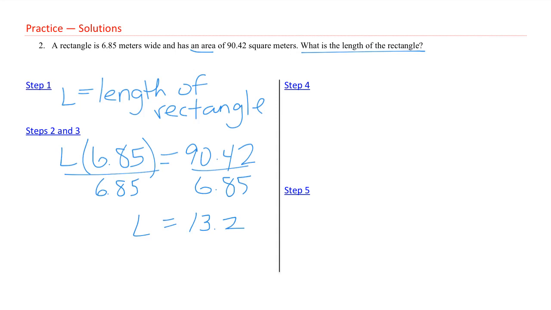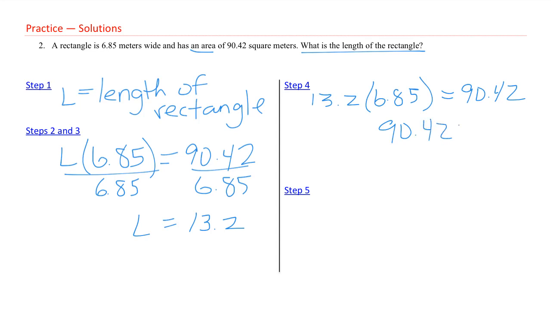At this point, we're going to check our answer. Let's go ahead and take 13.2 and plug it in for L in the original equation. And that's going to look like this. 13.2 times 6.85 equals 90.42. And again, with the help of a calculator, we realize that 13.2 times 6.85 really does equal 90.42.